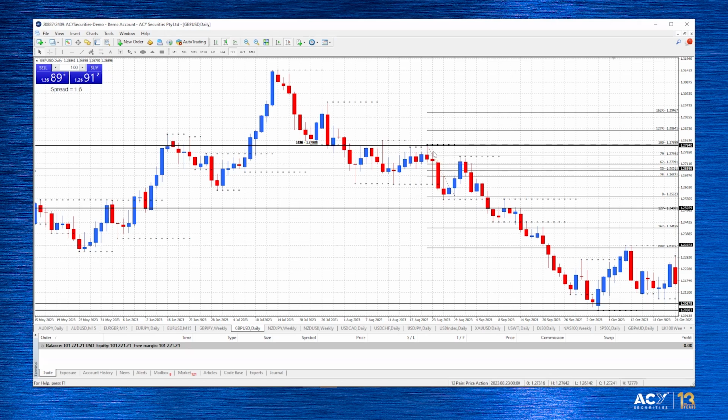Price does get up and fail at that level. Okay, so that's an example of where we're combining. We're showing that the trend is staying in place and that previous levels of support are starting to be respected as resistance, and combining a deep Fibonacci retracement area.